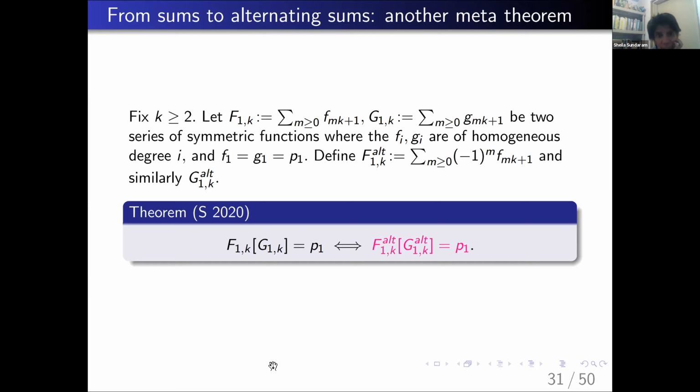If you fix a k and you take a sum of symmetric functions of homogeneous degree congruent to 1 mod k, and I'm taking two series of symmetric functions where the degrees are congruent to 1 mod k, and I do the alternating sum on each of those, then the theorem is that if these two are Plethystic inverses, then the alternating versions also have to be Plethystic inverses.